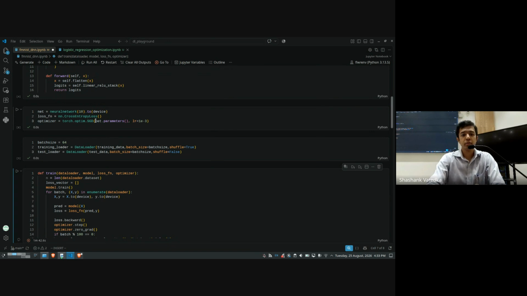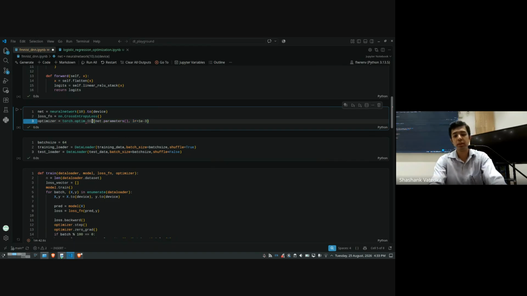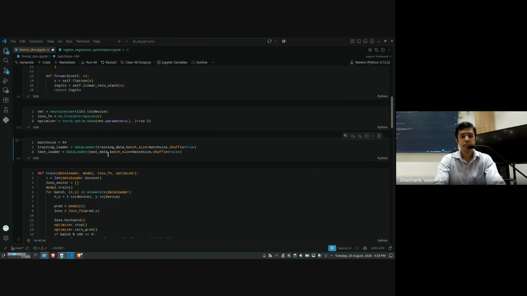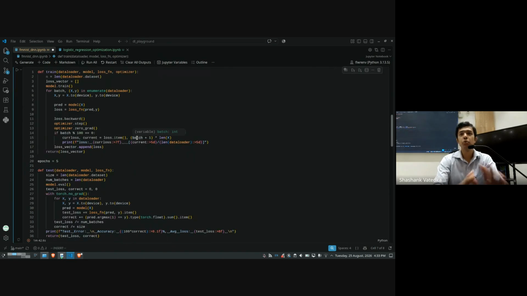Just to give a sneak peek, I'll now change the optimizer from SGD to another variant, which is called Adam. I'm using the same learning rate. Nothing else has changed.